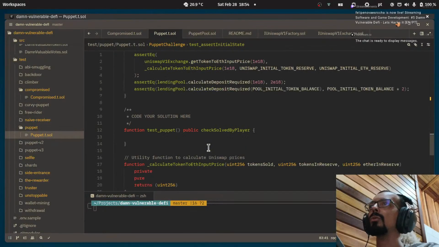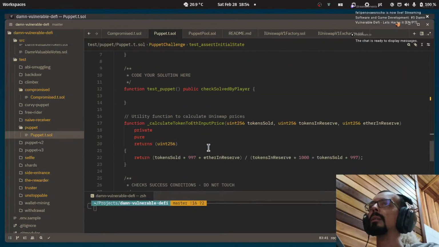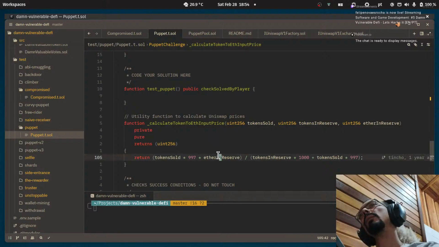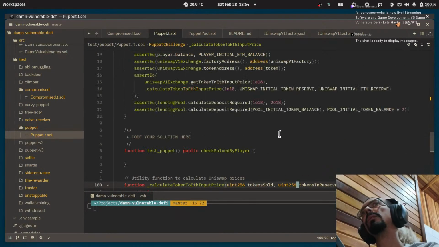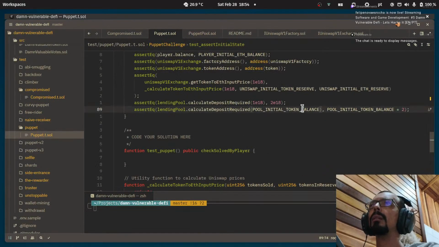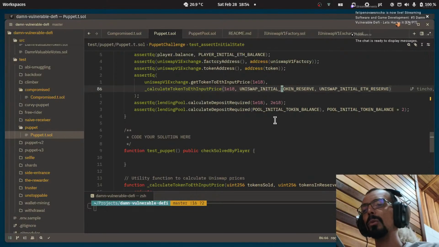What I want to know is, so here we have Ether in reserve. Here they check pool initial token. Here, initial Uniswap token. So that's a Uniswap token.